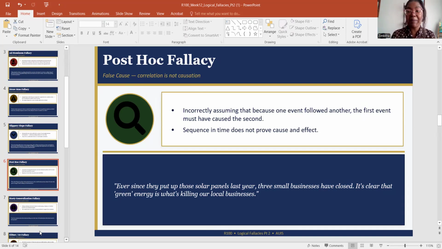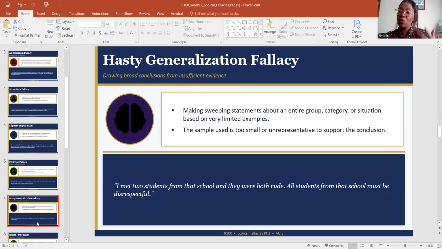That is not true. Maybe they are going through an economic shift. Maybe the town is getting emptier. People are leaving the town, so there are no more customers, which obviously can slow any business down. So that is what we call a post hoc, having a false cause, saying that one thing will lead to another, and there's no correlation to it.